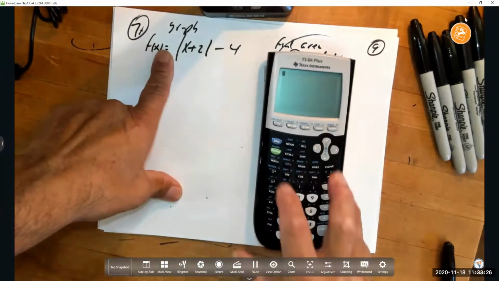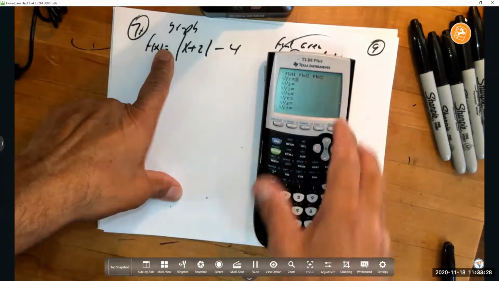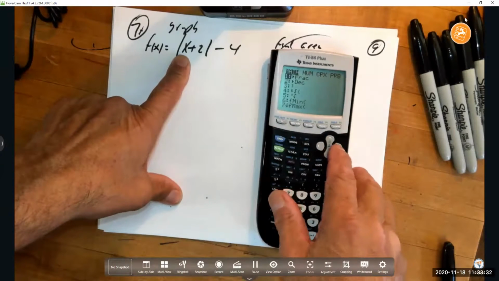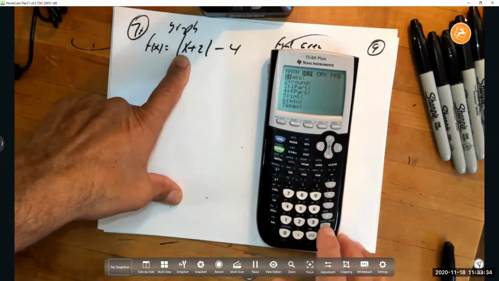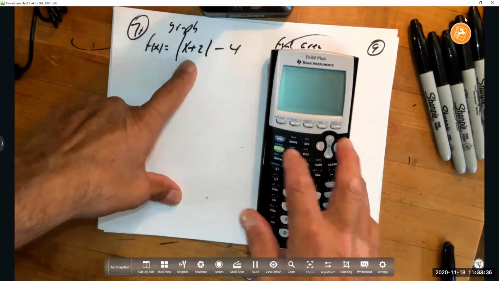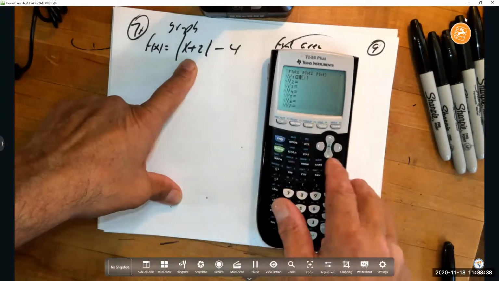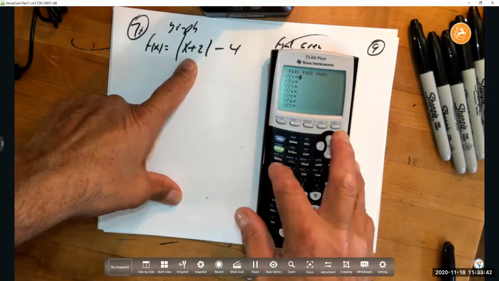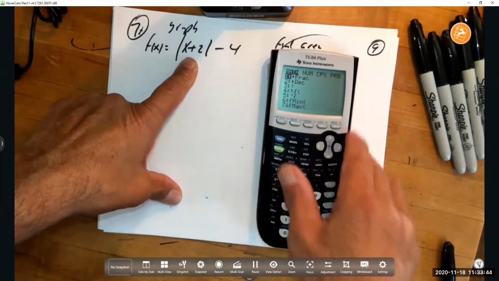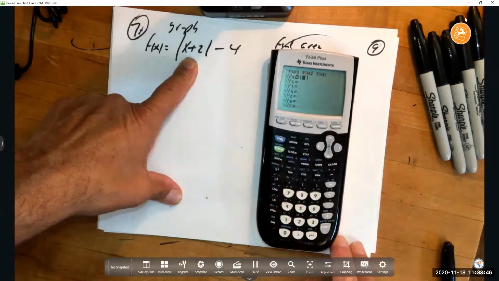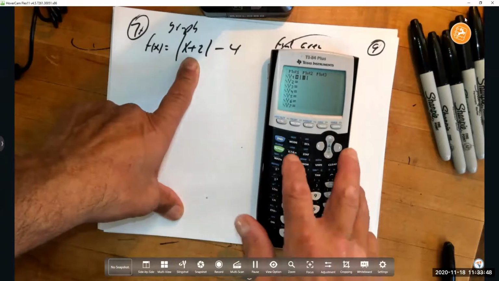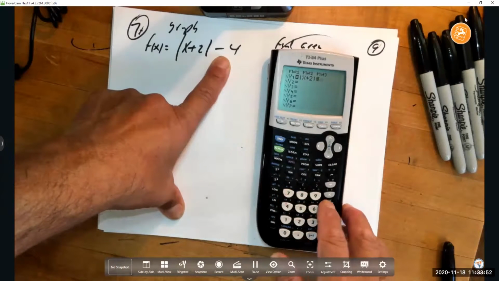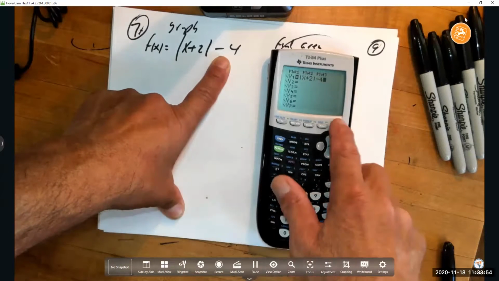So I'm going to go y, make sure there's nothing there to clear it out. Math, number, abs, already there. Do it again. Go y1, y, math, number, abs, put x plus 2, get out, minus 4, hit graph.